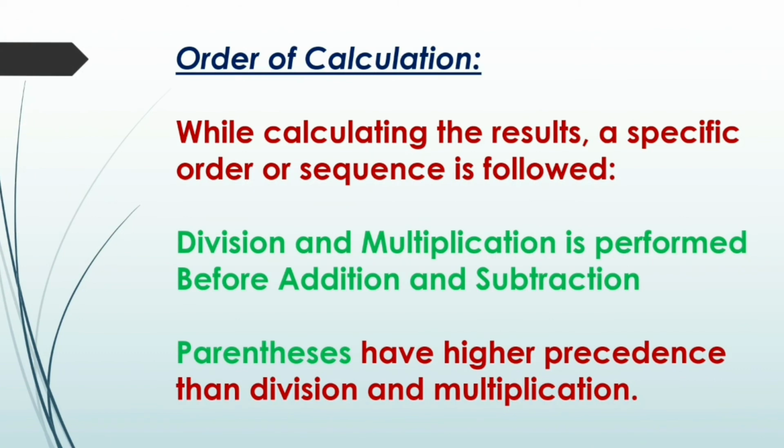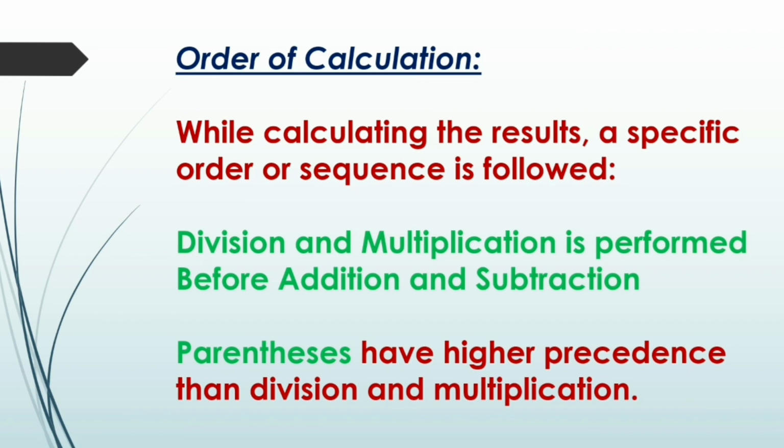Next topic is order of calculation. Sometimes a formula may contain various values, cell addresses and different operations or functions. When calculating the results, a specific order of calculation is followed, which determines in which sequence the operators will be evaluated to reach the final result.